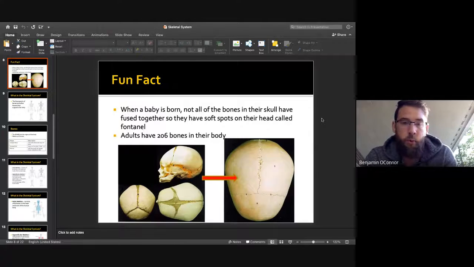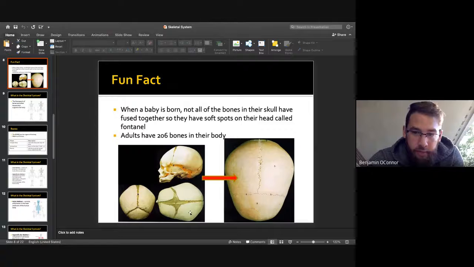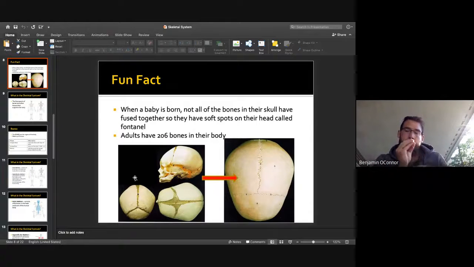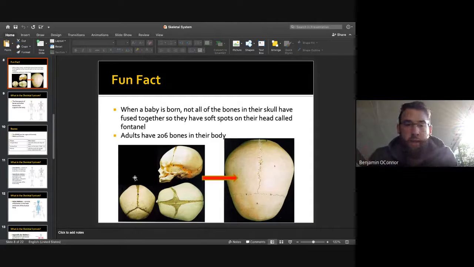It's actually quite soft. And so in this bottom left, right, you'll see some of these sections and such, all right? Those aren't rigid because they need to be able to move around in the beginnings of life, right? But as you age, it hardens and fuses, all right? And so a baby, an infant, will have quote unquote more bones in their body than an adult human because they don't have these fused bones in their skull yet.